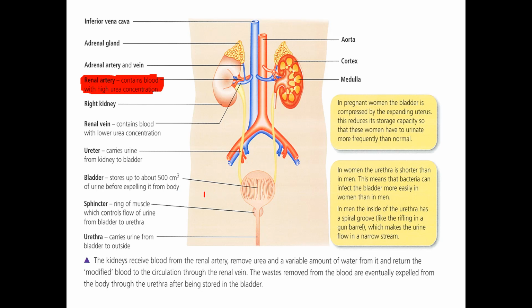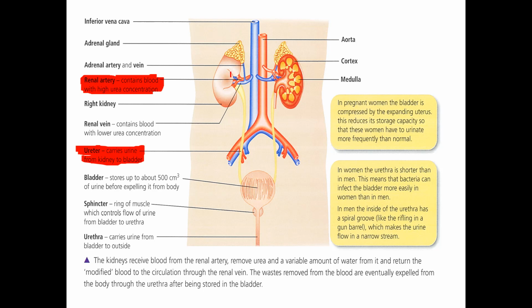Here is the kidney, the renal artery sends blood to it, then here is the exit. It carries urine from the kidney. The blood comes through this red tube and goes inside the kidney, to the nephron.